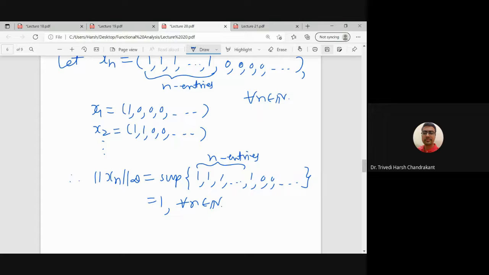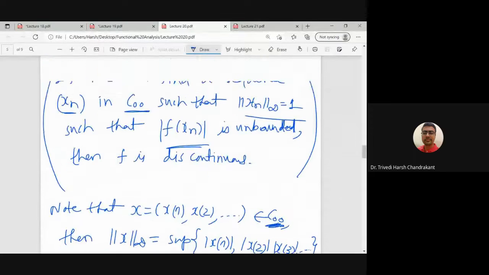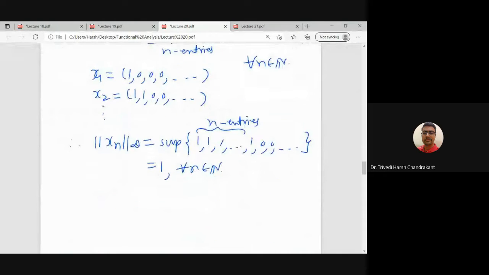What else do we have? We need to check f of xn. What is the norm of that? So what is f of xn? f of xn is the sum of the coordinates.